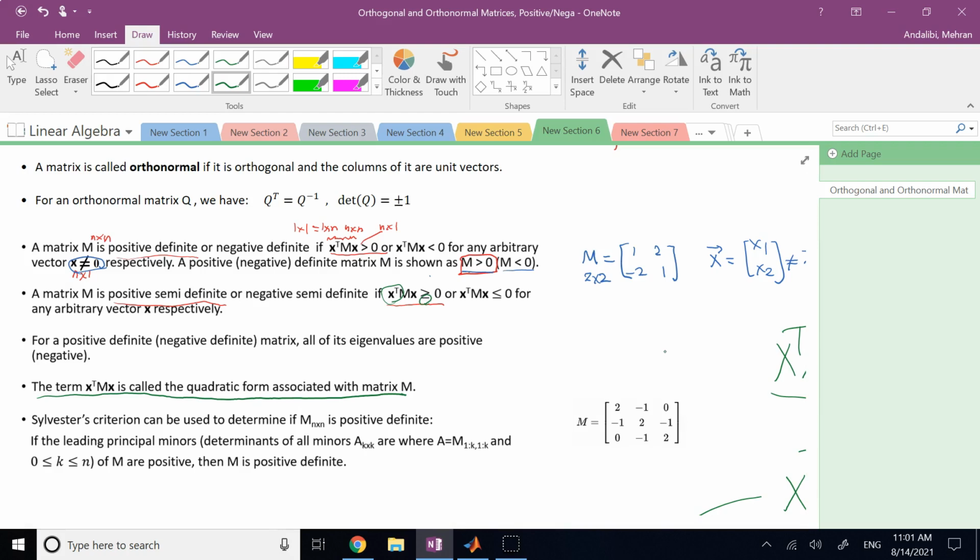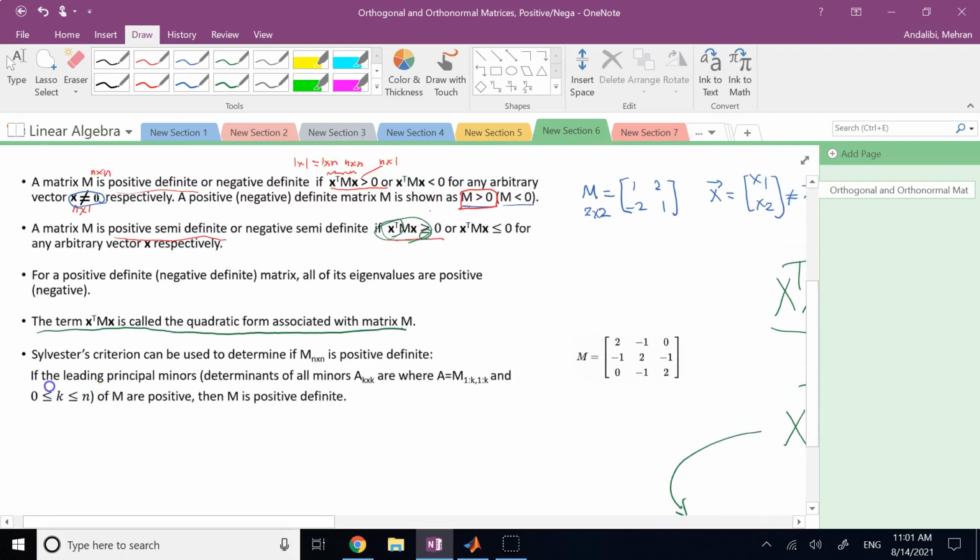But it's not always a trivial job, especially as the dimension of M gets bigger and bigger. The scalar term is going to be larger and larger, and it needs a lot of algebraic manipulation to show whether it takes only positive numbers, negative numbers, and so on. So that's not always the most convenient method, okay?